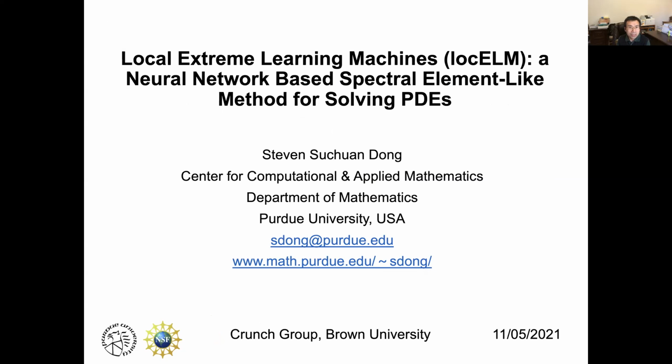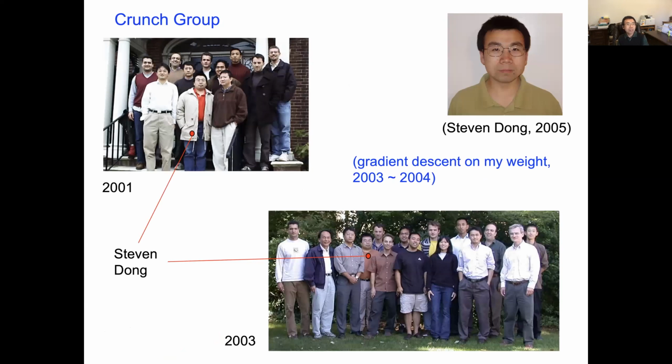Thanks, George, for the invitation, and thank you for the opportunity to be here, to be back, to speak to the Crunch group. Actually, I have a picture of the group when I was here. I joined the group in August 2001, a few weeks before 9/11, and this picture on the top left was taken in the winter of that year, and this picture was taken in the summer of 2003.